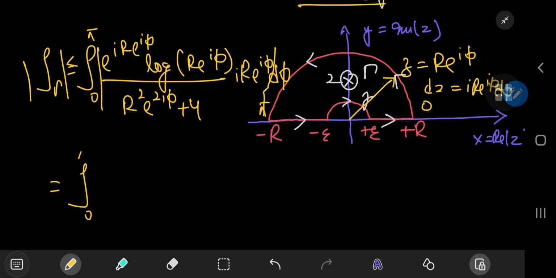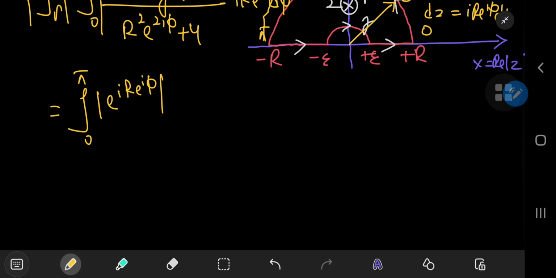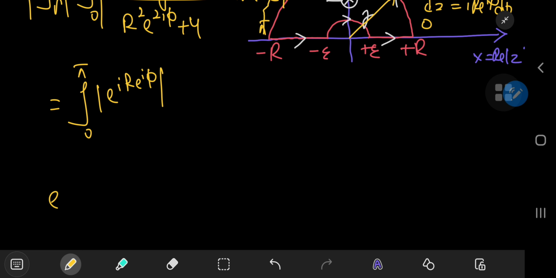And because this modulus operator distributes over everything that's being multiplied or divided, we have the modulus of e to the i r e to the i phi, and let me just simplify this out separately. e to the i r times e to the i phi can be written as e to the i r times the cosine of phi plus i times the sine of phi.